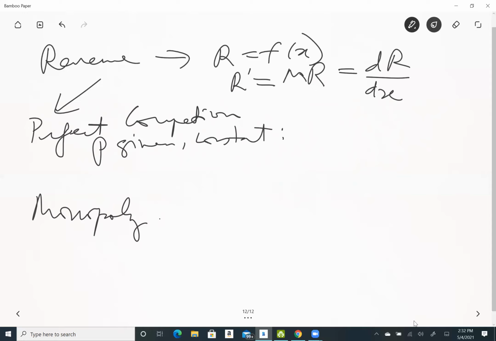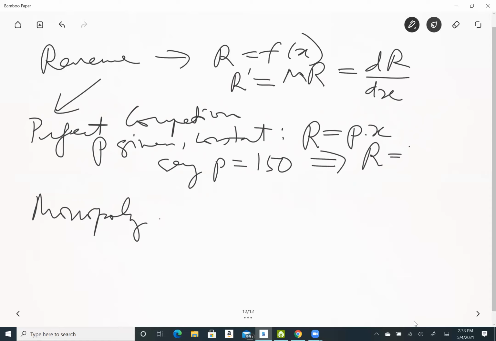Revenue is equal to P times X. Say P is equal to 150. Therefore our revenue is simply 150X. This one we know from the linear function. Because price is given, that kind of market is a perfectly competitive market.